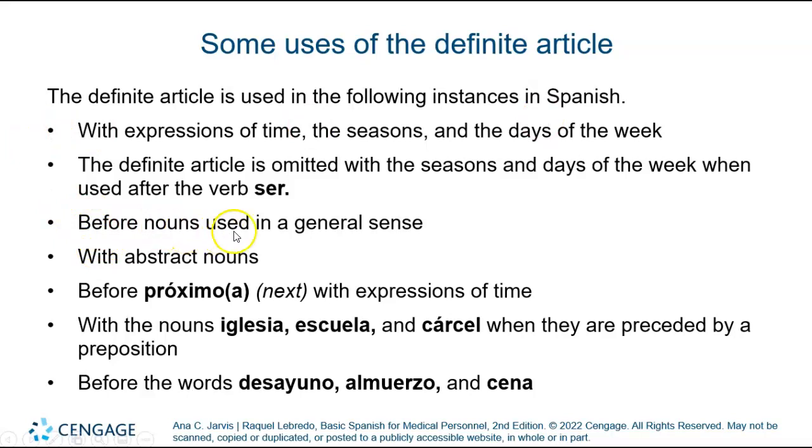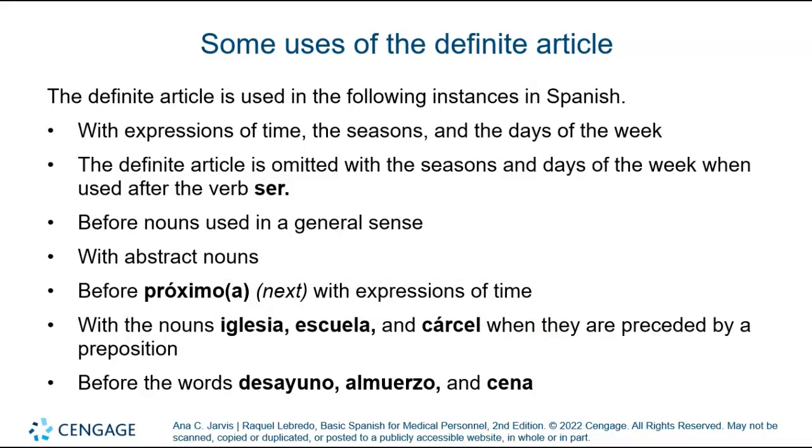We do use it with nouns in a general sense, like lions are ferocious. Los leones son feroces. With abstract nouns, so again, just using it with nouns when we're speaking in a general sense. Before próximo, in expressions of time. La próxima semana.